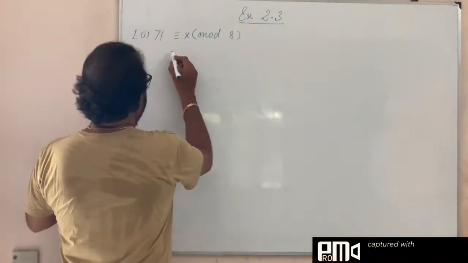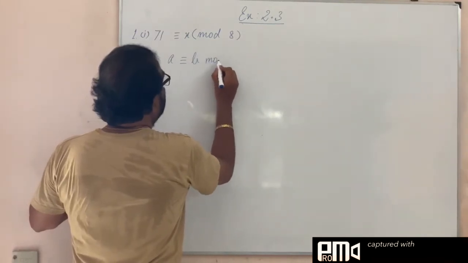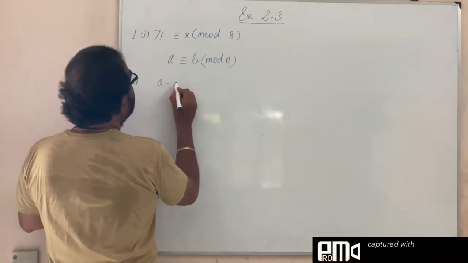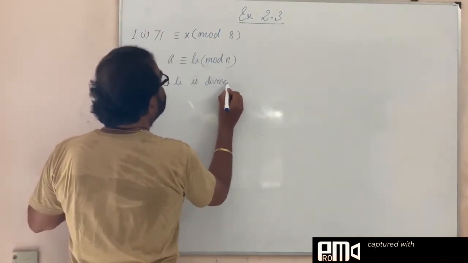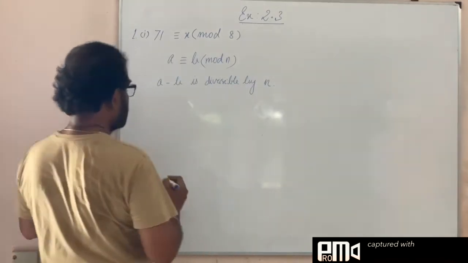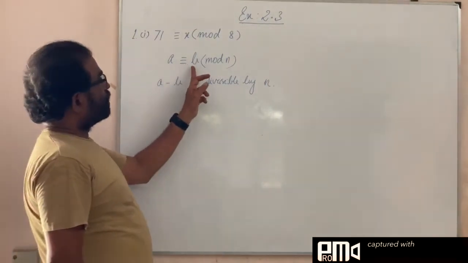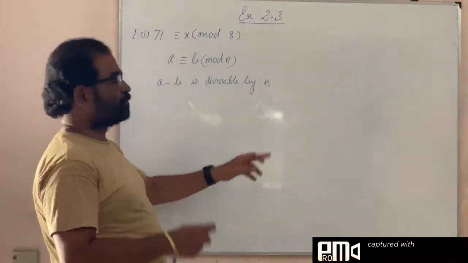We know that if A is congruent to B mod n, then A minus B is divisible by n. This is the property of modular arithmetic. This one we have already seen.